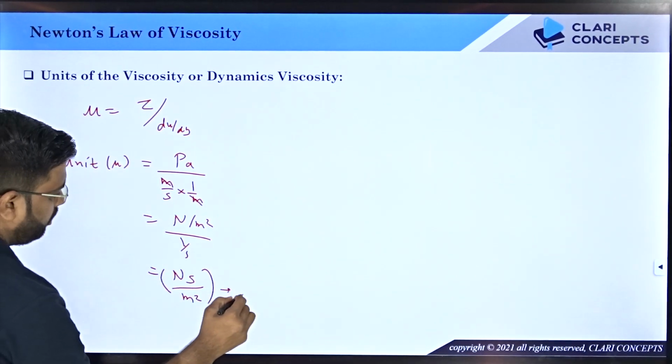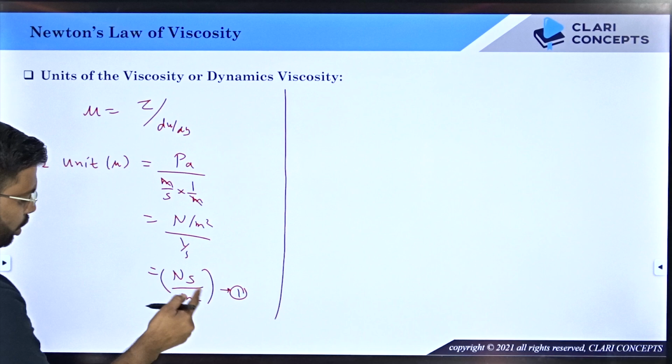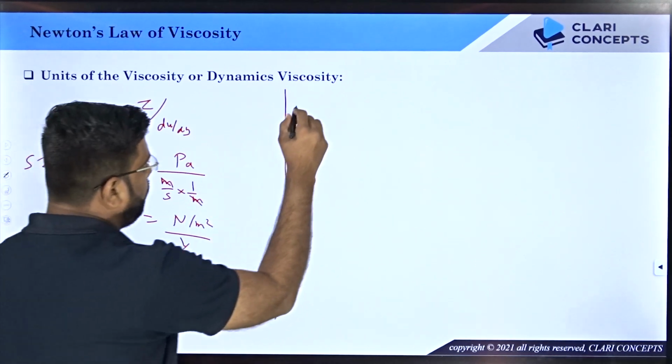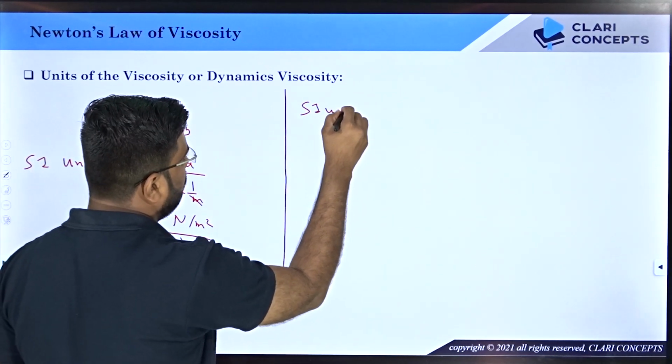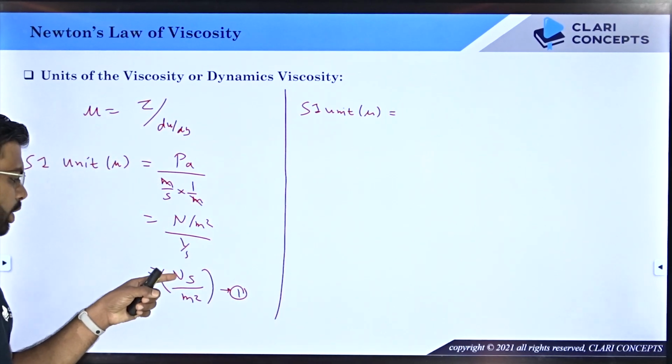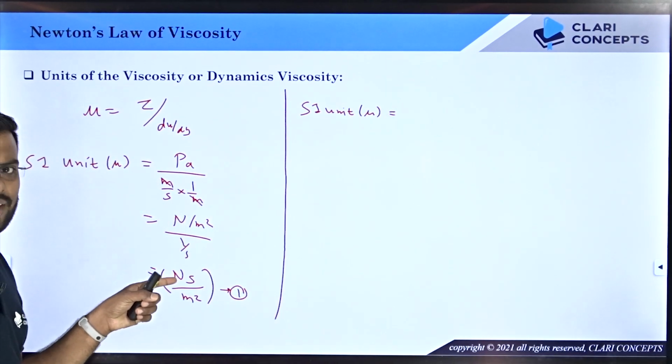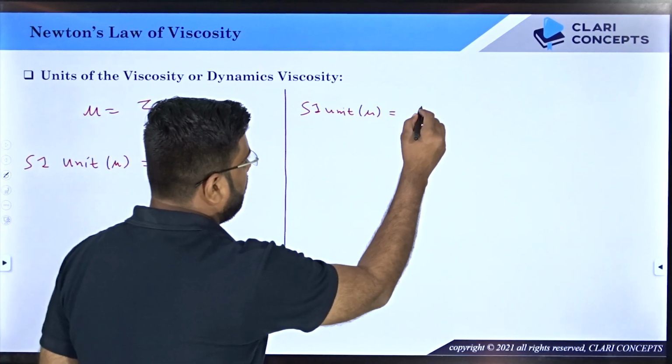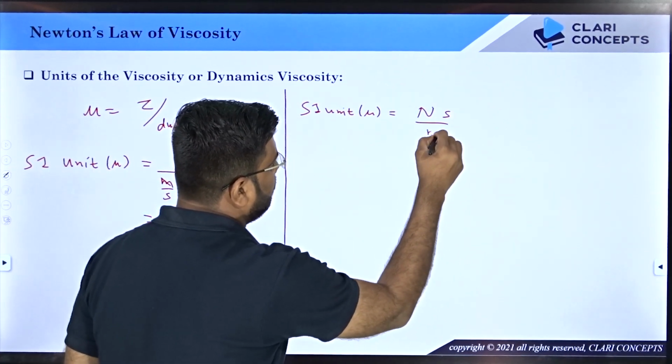Number one. You can still further rearrange this. So you can say that SI unit of mu, you can still represent Newton in terms of kg and meter per second square. So this is Newton second per meter square.